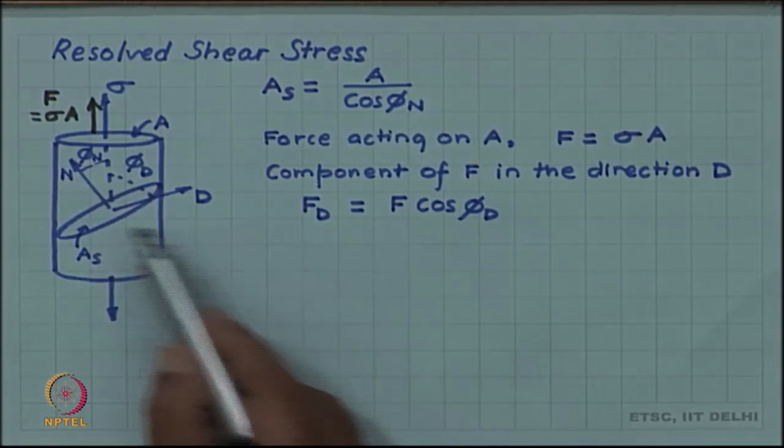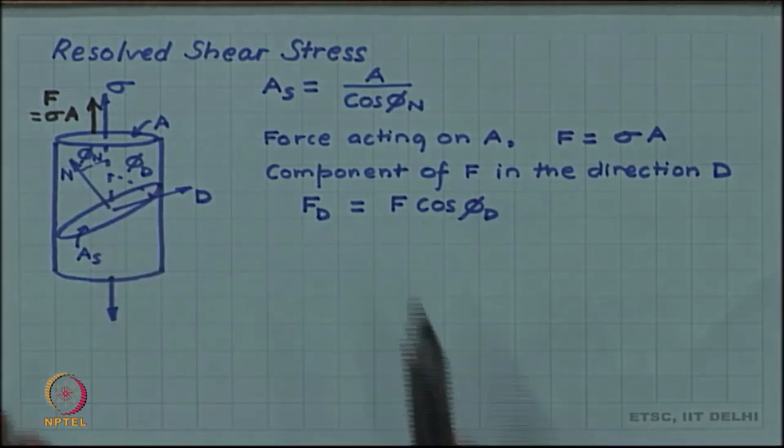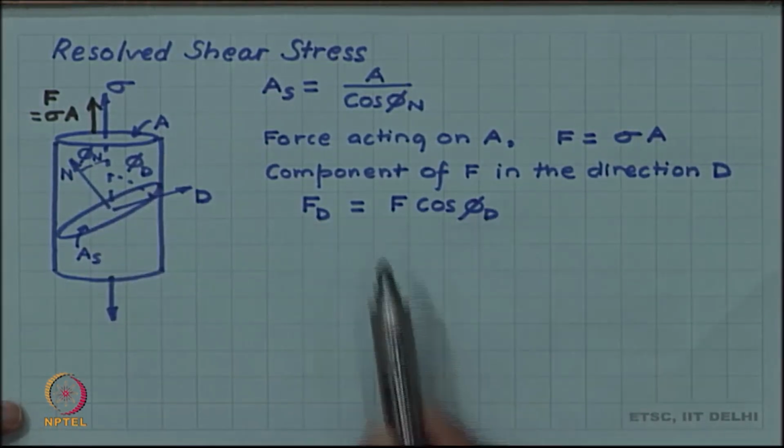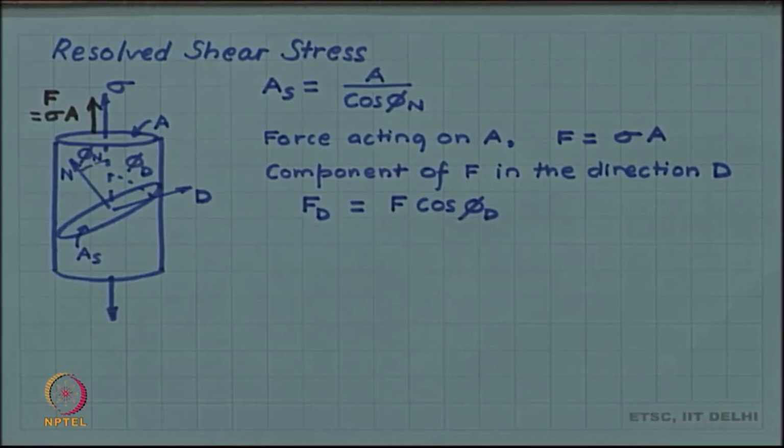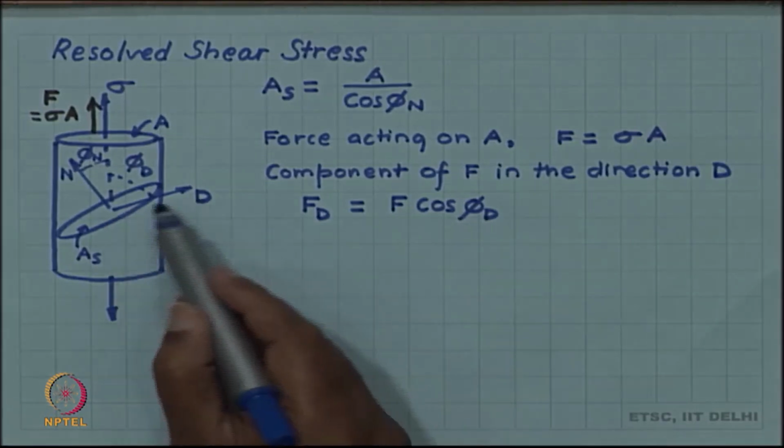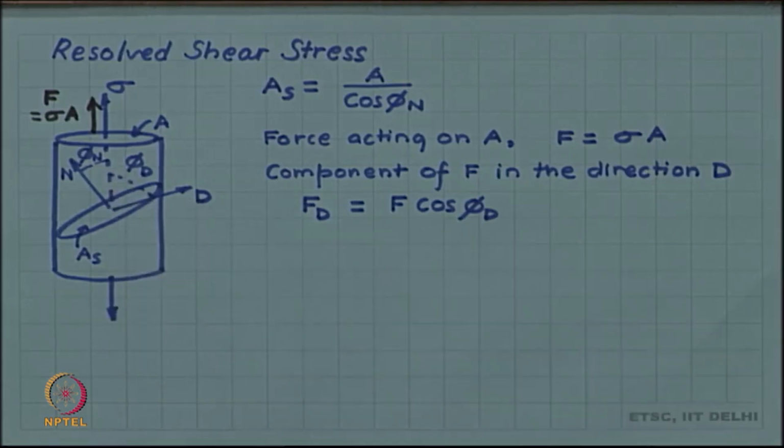It makes an angle phi d with the direction d, and to take the component of any given force we multiply it by the cosine of the angle between the direction and the force. So, Fd is F cos phi d.